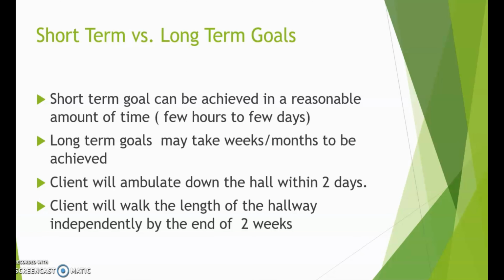And we talk about goals, right? So what do we mean by goals? Well, a good way to begin our analysis is to define short-term versus long-term goals. A short-term goal can be achieved in a reasonable amount of time, a few hours to a few days, as an example, versus long-term goals may take weeks and months to be achieved.